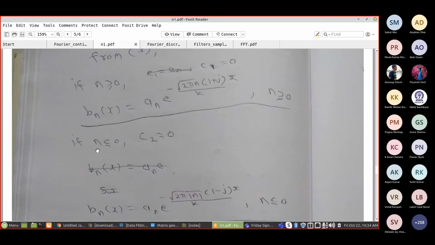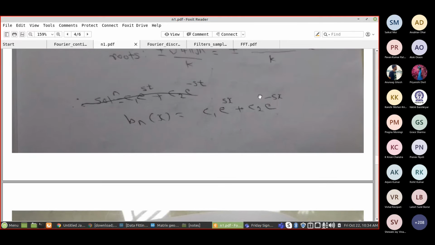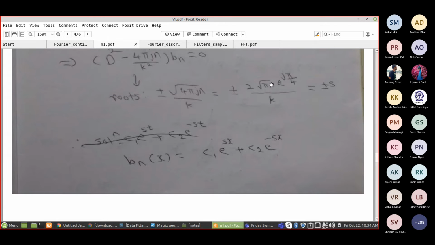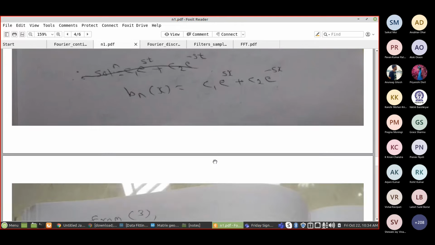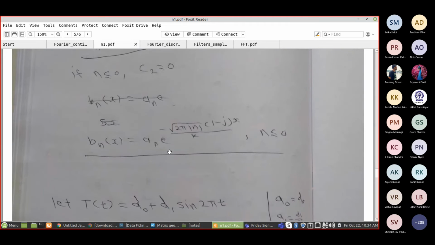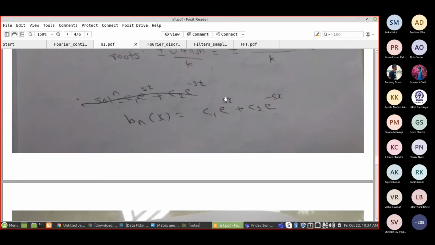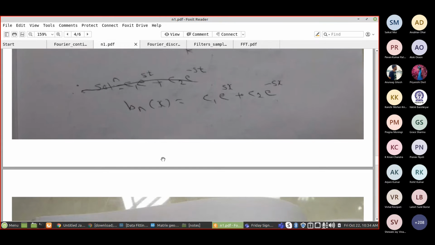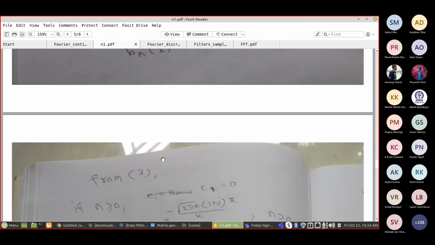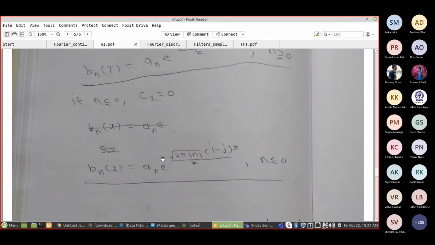And by the same argument, for n less than 0, we are going to get C2 to be equal to 0, because now square root of minus n is going to be a complex number and there is going to be a sign change in here. So by the exact same argument, for n less than or equal to 0, this coefficient has to be 0 because our temperature has to be finite at negative infinity also.